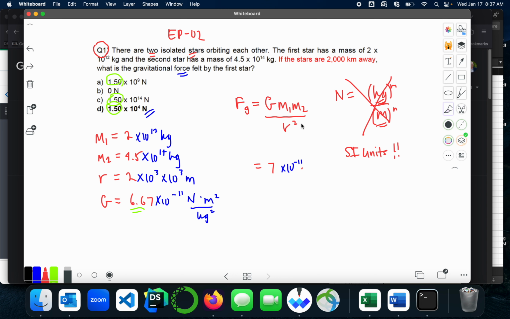Times mass 1, 2 times 10 to the 12, times 4.5 times 10 to the 14, over r squared. And this is 2 times 10 to the 3, squared, which is 2 squared times 10 to the 6, okay?